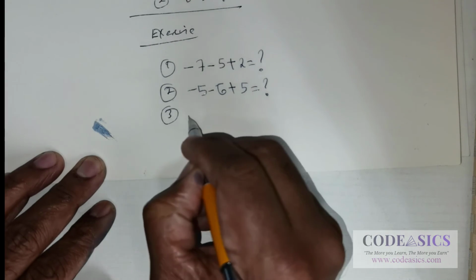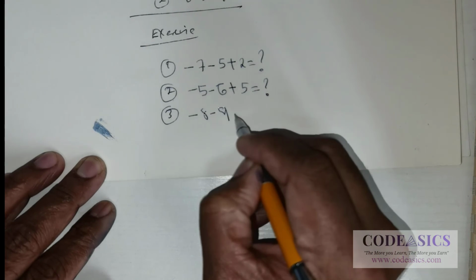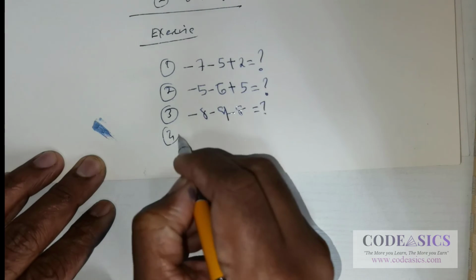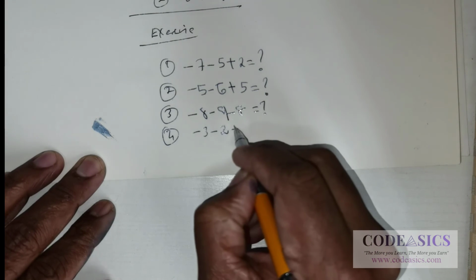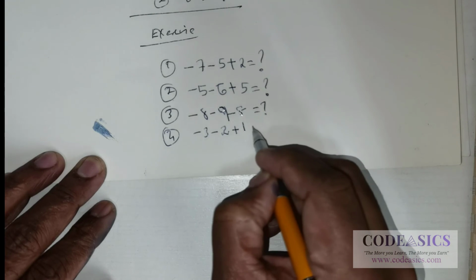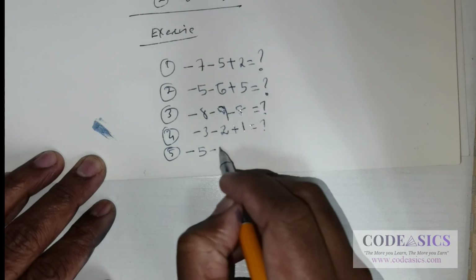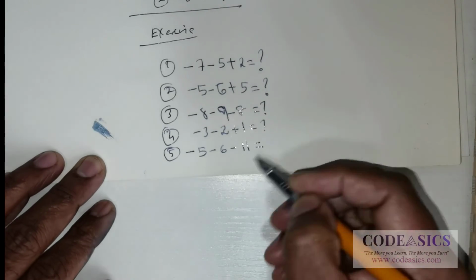Question 3, negative 8, negative 9, negative 8. Question 4, negative 3, negative 2, and positive 1. Question 5, negative 5, negative 6, and negative 11.